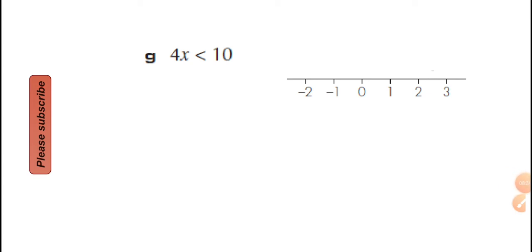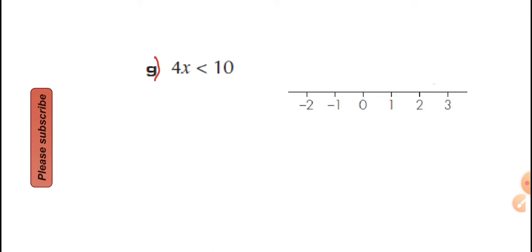Question G. So we want the x by itself. So we have to divide both sides by 4 because we want the x by itself here. We have to get rid of that times 4, so we have to divide by 4. And if we divide the left hand side by 4, we have to divide the right hand side by 4 as well. So on the left hand side, the times 4 and the divide 4 cancels out, leaving just x.